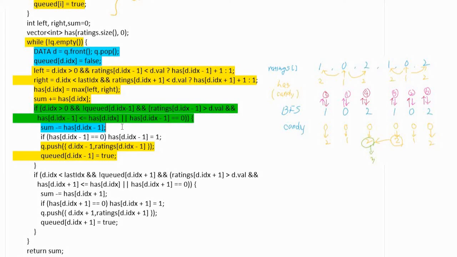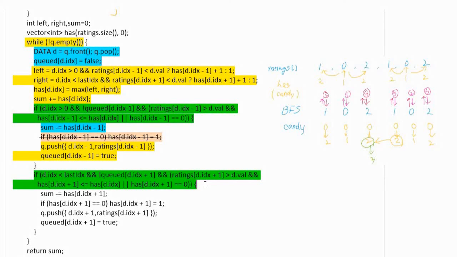In that case, we have to subtract its current candy count from the sum variable because it will be added again when popped from the queue with its updated candy number. If the current candy number is 0, which is the initialized value, we just set it as 1. Actually, this code is unnecessary because when this item is popped, the number of candies is calculated. The same behavior is performed for its neighbor on the right side. And finally return the sum variable.